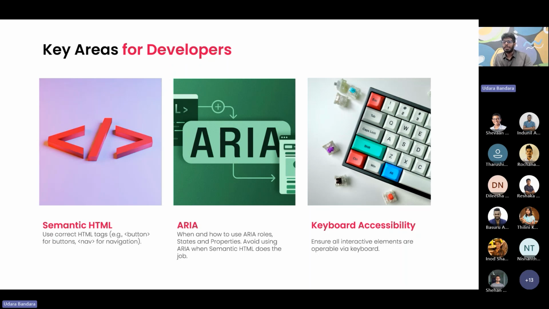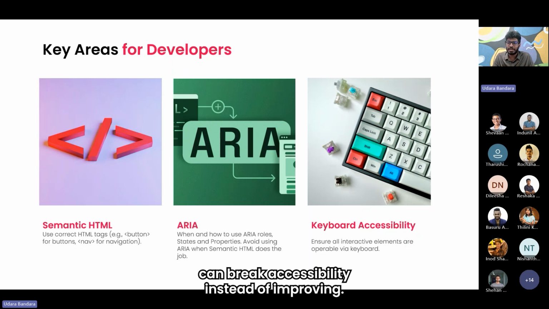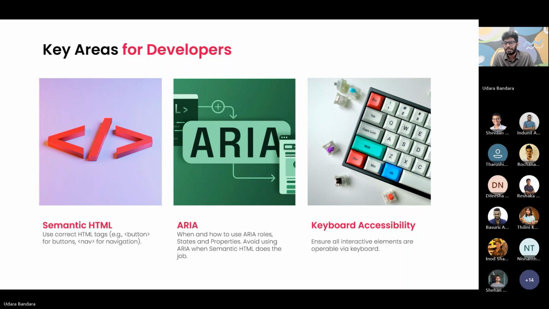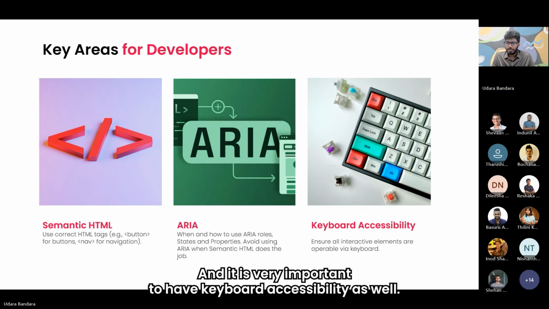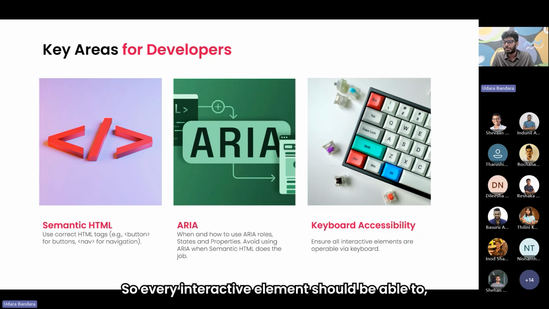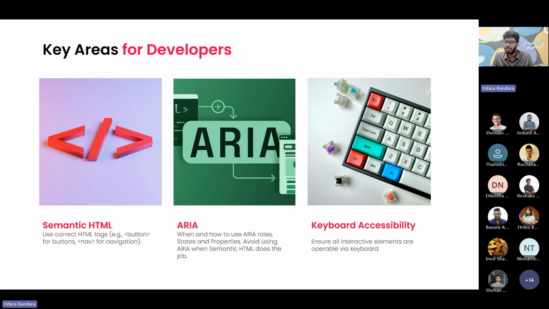Misusing ARIA can break accessibility instead of improving it. And it is very important to have keyboard accessibility as well. Every interactive element should be able to receive focus and be used with just the keyboard, without a mouse.